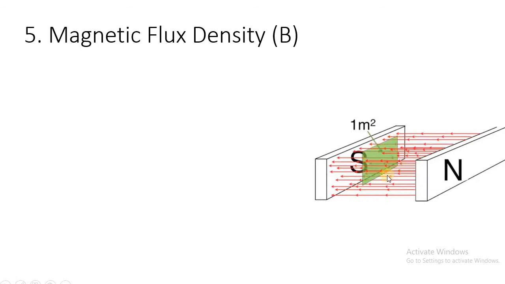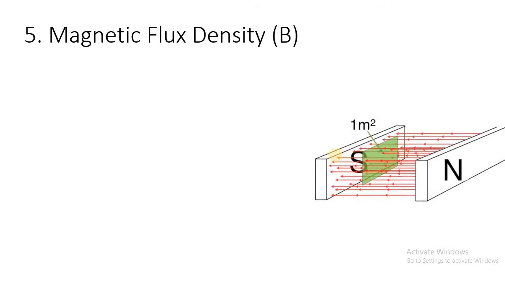Suppose 50 lines are passing through this plane. Out of 100, only 50 lines are passing through this green cardboard plane which has 1 meter square area.